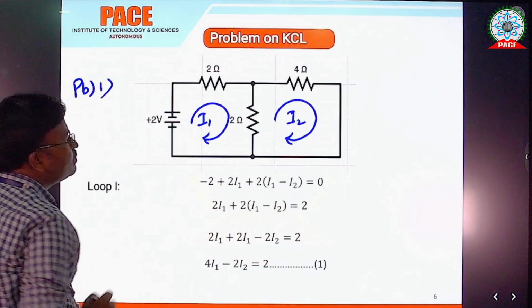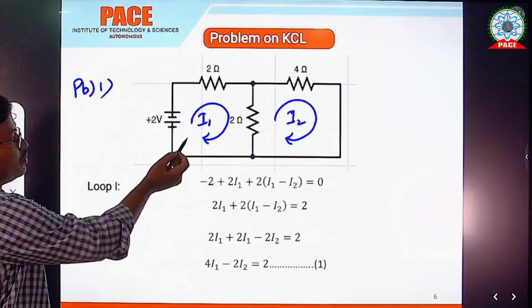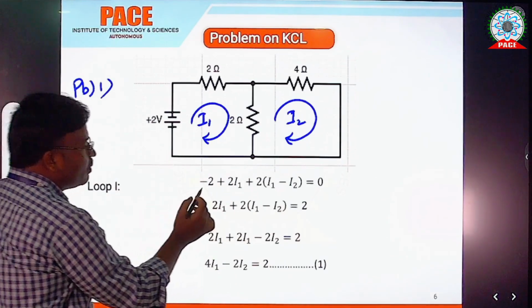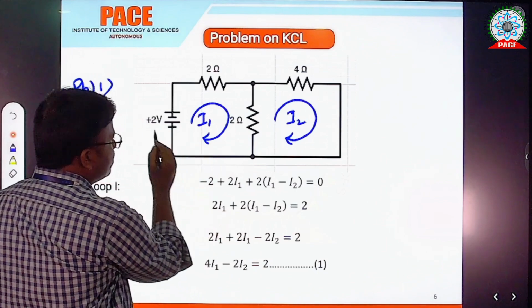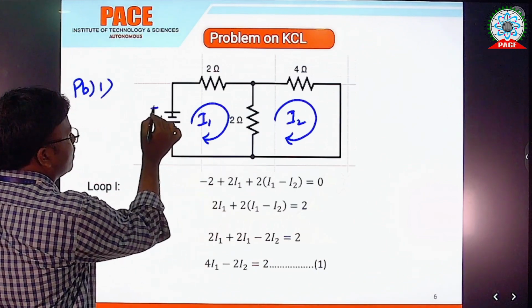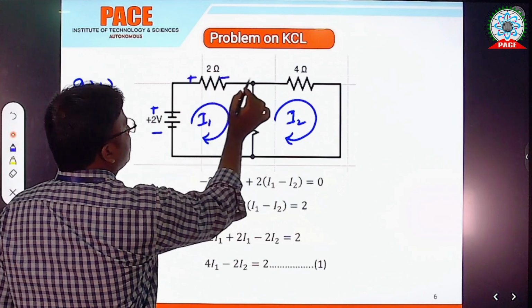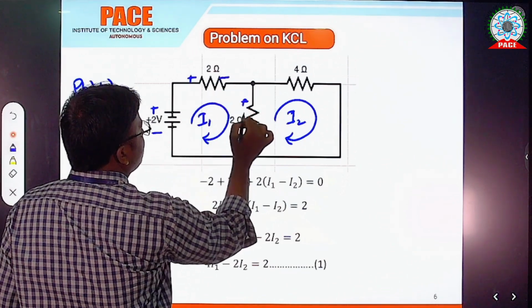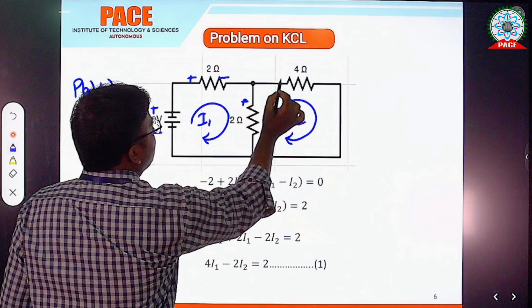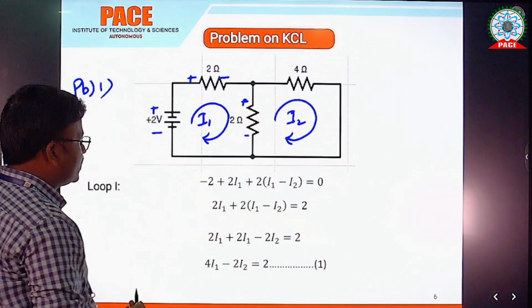From this loop I am going to write the equation, starting from here onwards.